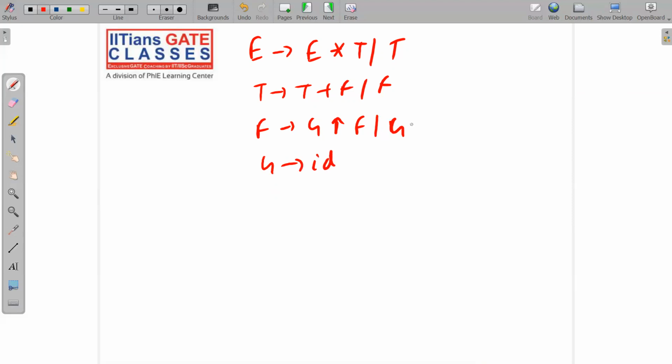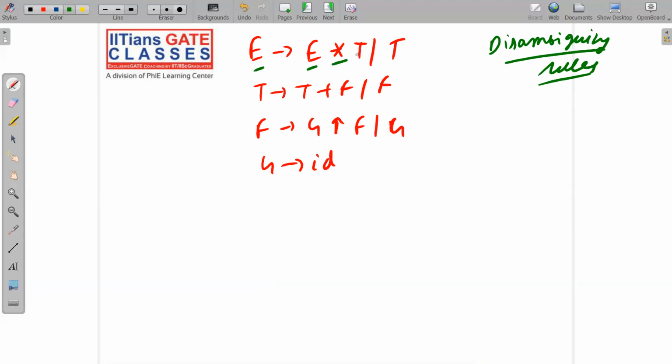If this is your grammar, I think you all remember from my previous classes of compiler design, when we were studying the ambiguity rules, I have told you how to solve these questions. Star is having more precedence or plus is having more precedence. So level decides the precedence, and recursion decides the associativity. Star is what?